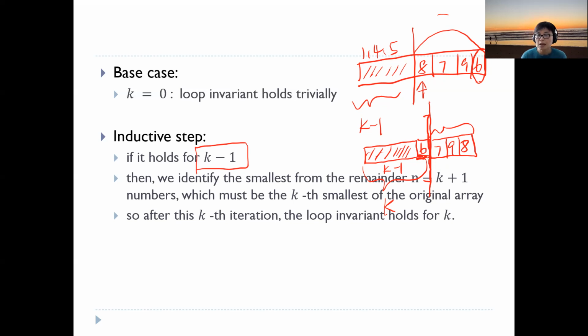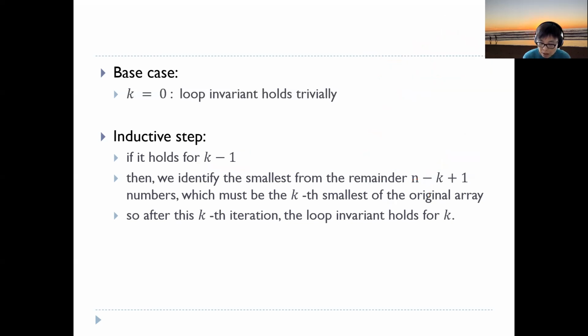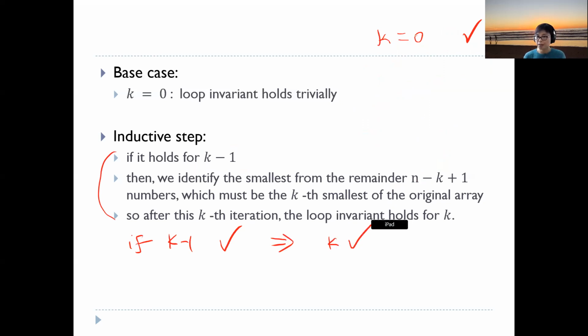So what we just described is that we showed this loop invariant holds for the base case. Then we showed the inductive step: if it holds for iteration k-1, then it holds for iteration k. Now apply this inductive step one by one.